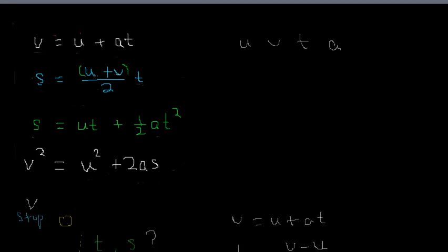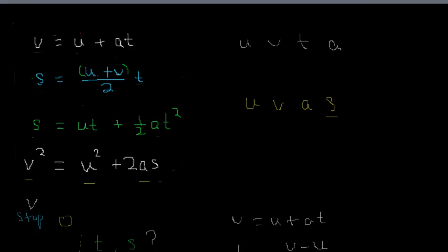Okay, I'll write down what are the quantities involved here. U, V, A, and S, and it's S that I want to find, right? Let's look through all the four equations and see which of these contains U, V, A, and S. That would be this, right?